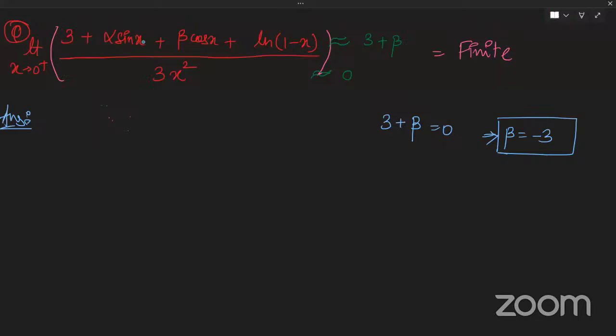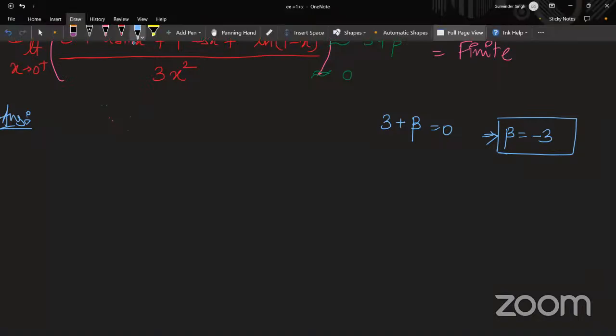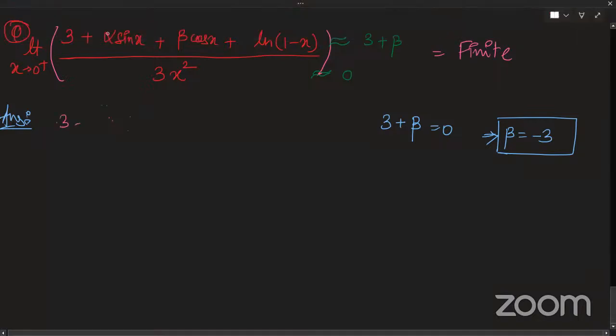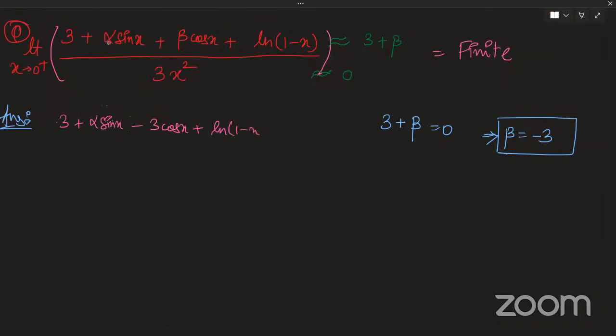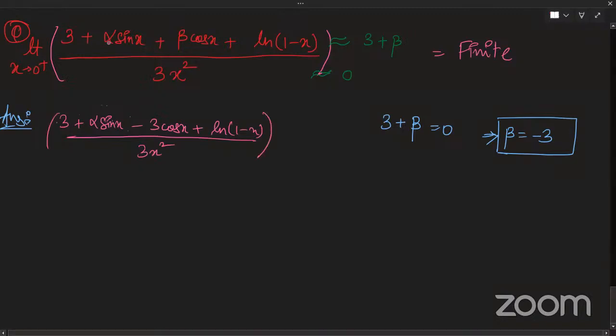And now we will go one step further and calculate the value of alpha also. So I already know the value of beta. Beta is minus 3. So I've got 3 plus alpha sin x minus 3 cos x plus ln of 1 minus x, whole divided by 3x square. Right?